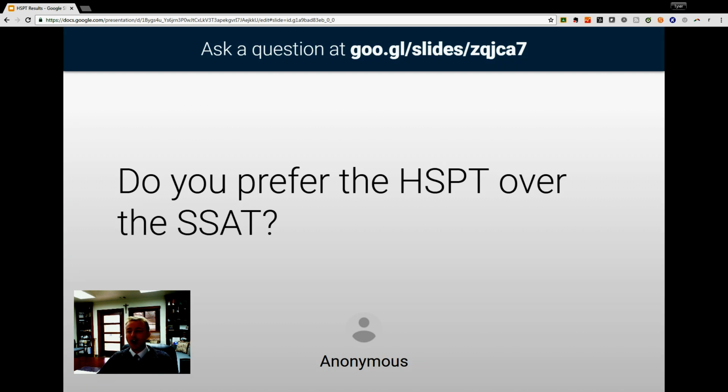areas of growth, but I would say, for example, the SSAT, there is a writing prompt that is not scored, but is passed along with the results, and it's authentic.